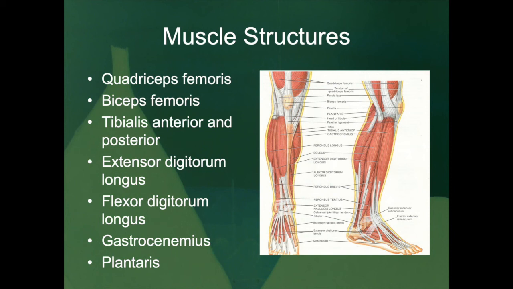It allows for dorsiflexion and eversion of the foot and extension of the toes. So it's really giving us a lot of movement and stability to the lateral portion of the foot as we are planting and pushing off in that locomotion behavior. So the extensor digitorum longus connects the tibia with the middle and distal phalanges of the foot.